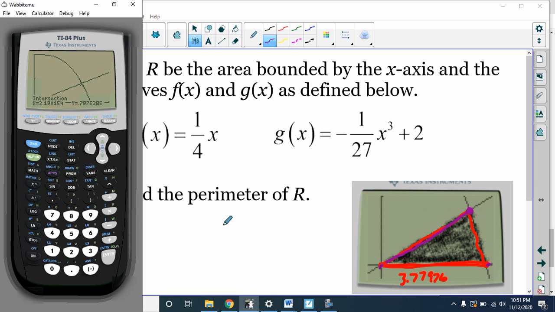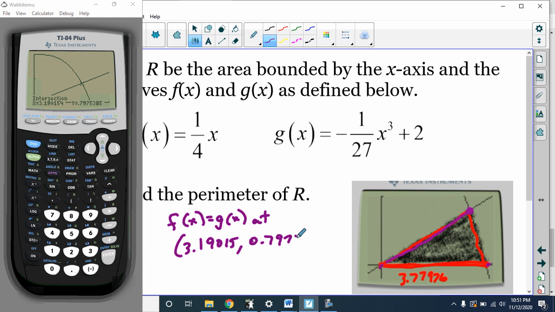So that intersection point, so f of x is equal to g of x, at the point 3.19015, 0.79754. And then this point here is 0, 0.